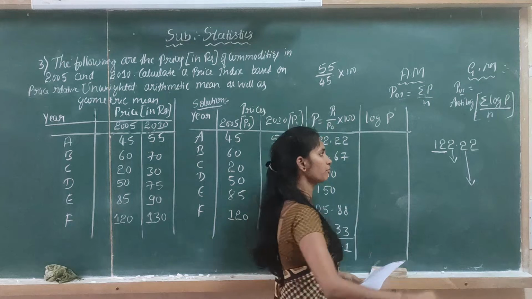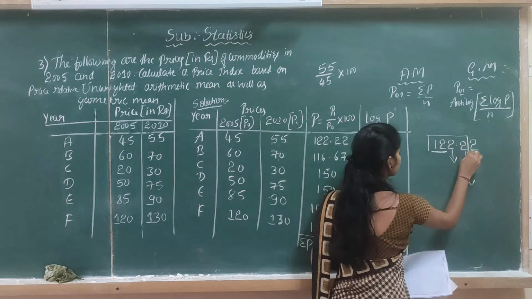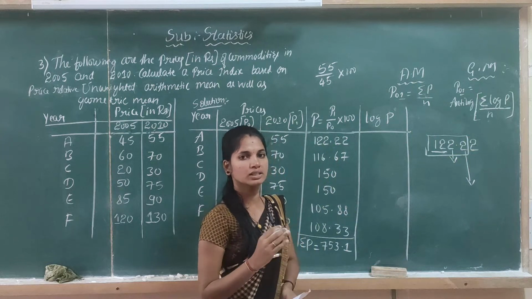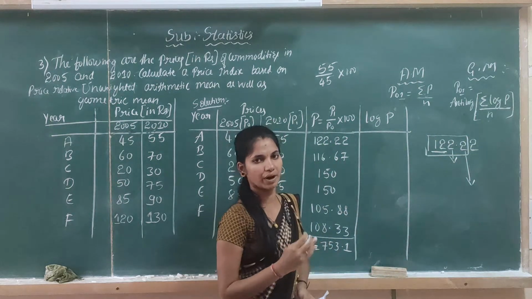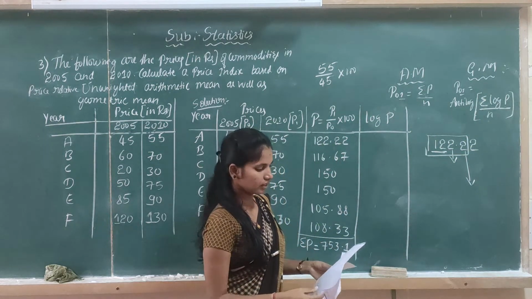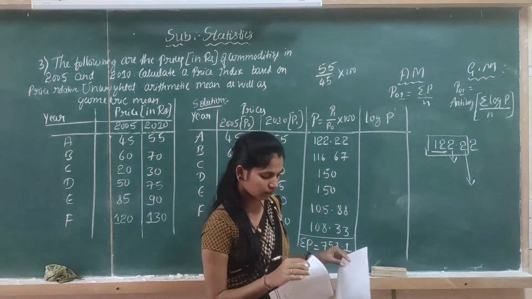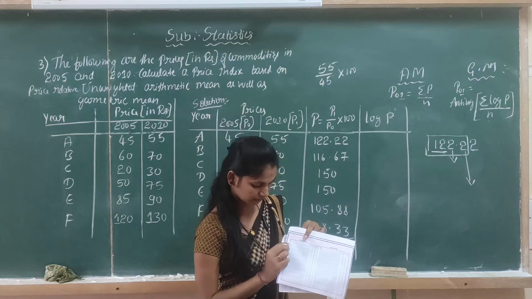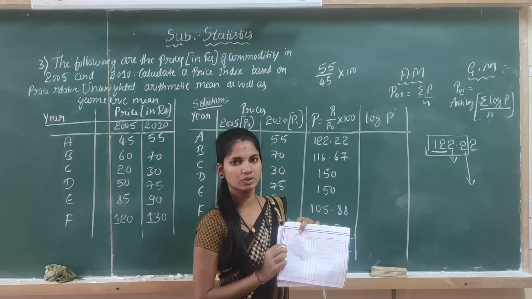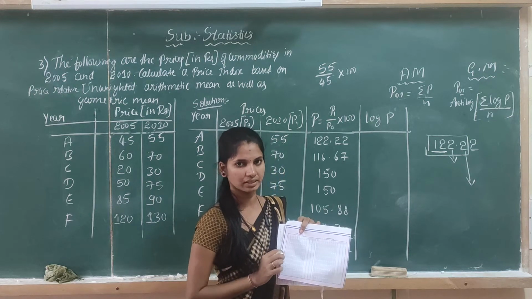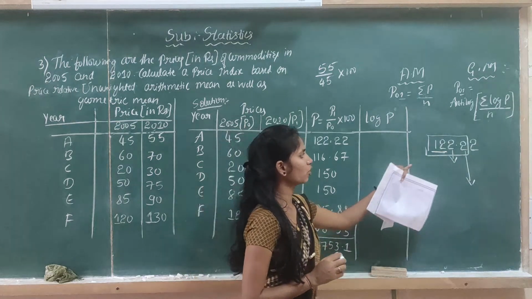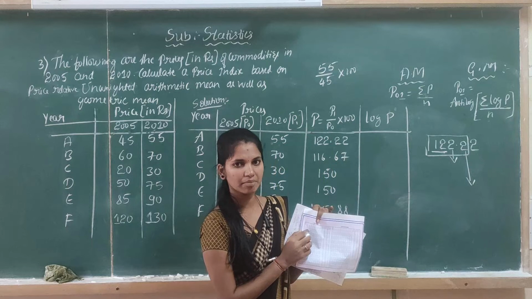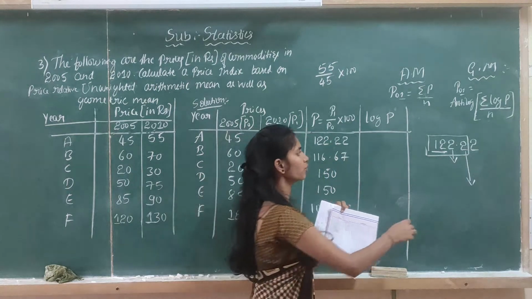We need only 4 digits to find the logarithm. The logarithm table starts from the value 10: 10, 11, 12, 13. You have to find the value of 12. Here there is 12. In the same line, you take the value of 2.